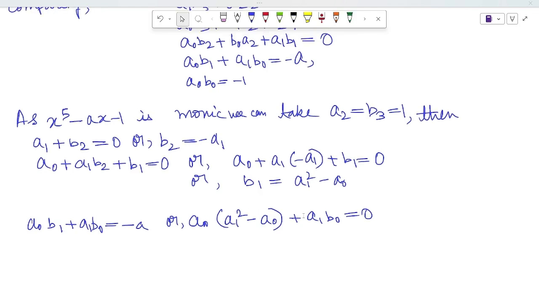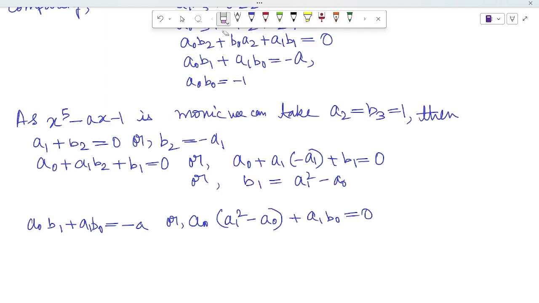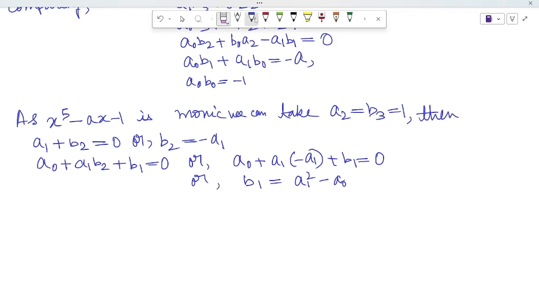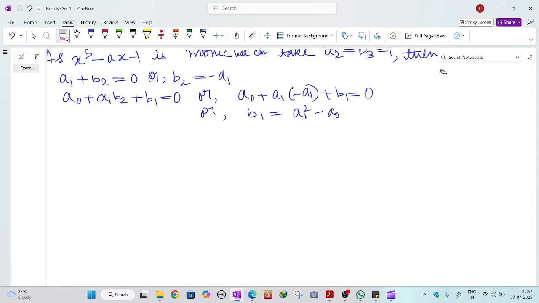Actually, I need to find out the value of A, so I don't want to use this equation here. Let me use another.